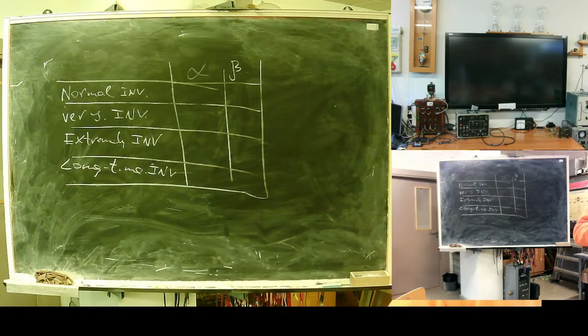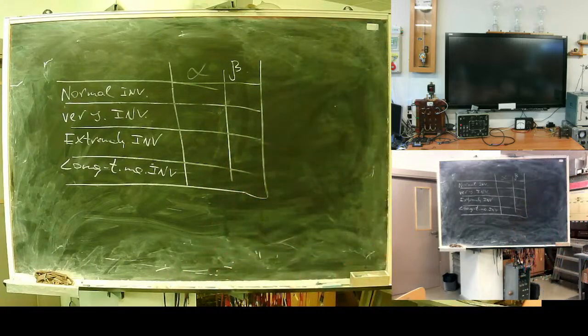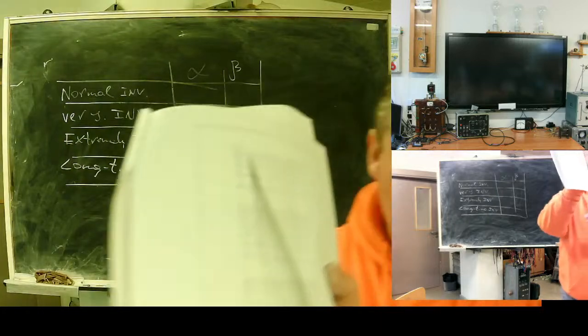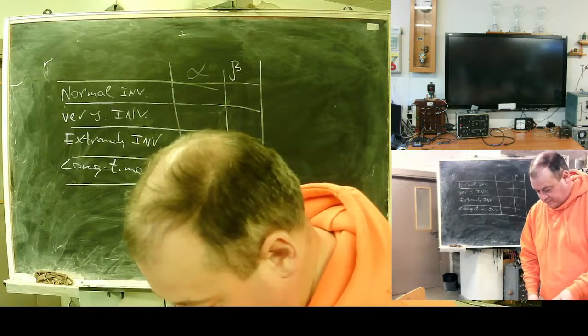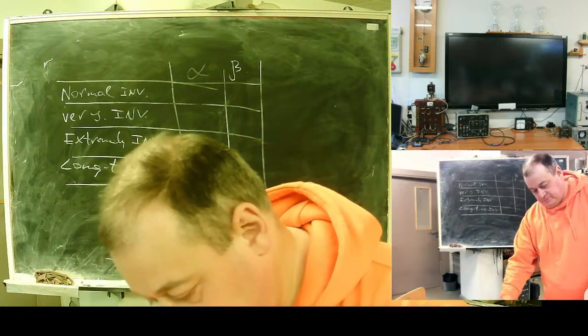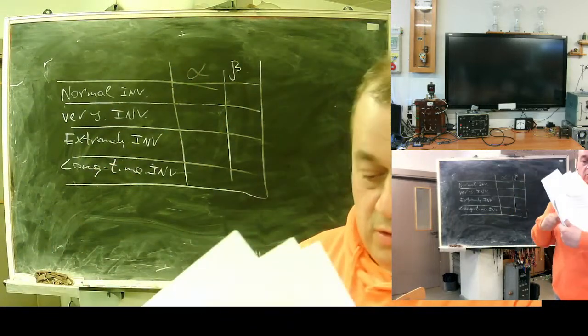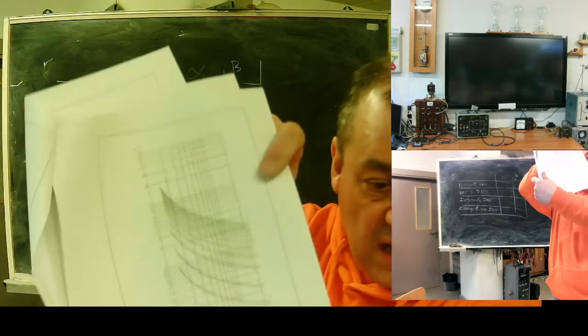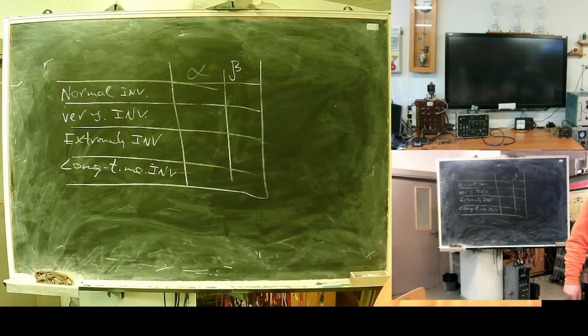So you have a set of four characteristics: extremely inverse, very inverse, long time. Fast characteristics are for good fuses. Long time is for bad fuses.